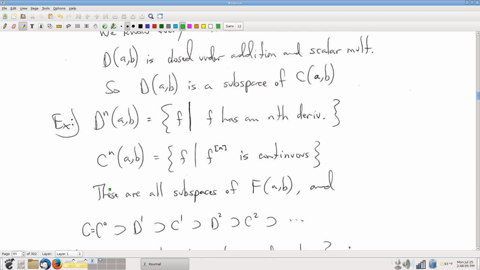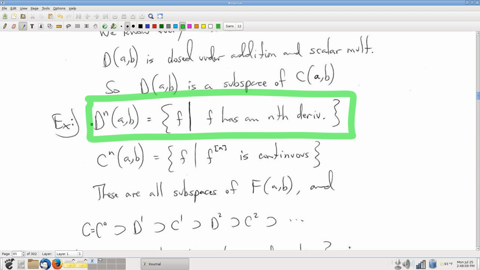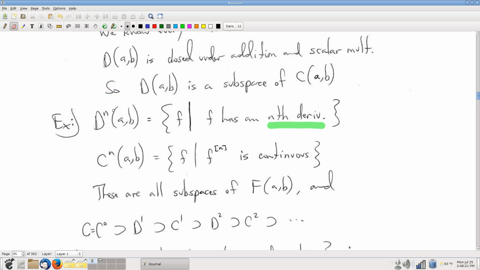So here are some others. These are interesting. Dn, the collection of functions that are at least n times differentiable. So it has an nth derivative. I'll put that n up here as a superscript. Not hard to show that if 2 functions have an nth derivative, then their sum has an nth derivative, again by facts from single variable calculus.